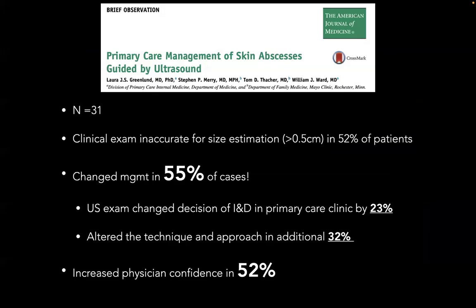In a small study in the primary care literature, published in the American Journal of Medicine, with an N of 31, they talked about how the clinical exam is quite inaccurate for size estimation in up to half of patients when evaluating skin abscesses. It changed management in more than 50% of cases. It altered the decision of an I&D in the primary care clinic by about a quarter and altered the technique and approach by an additional 30%.